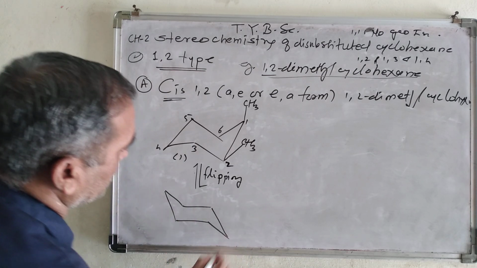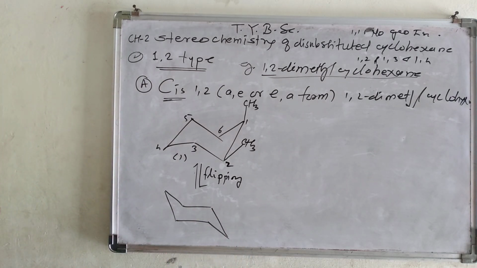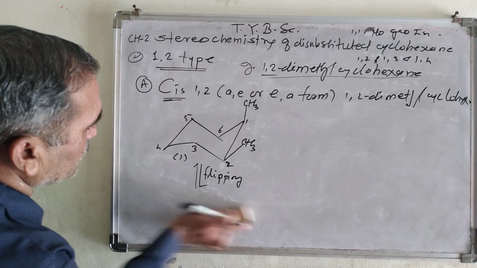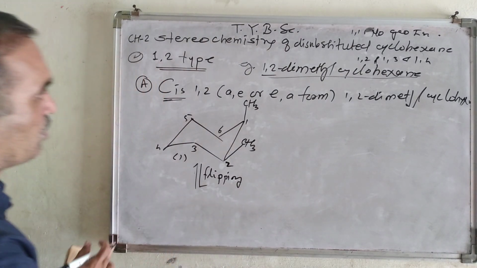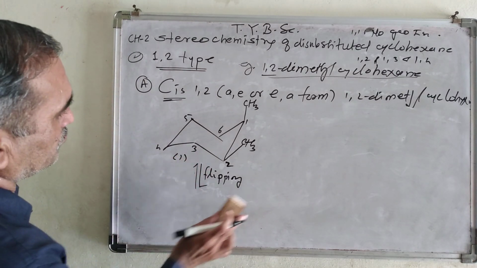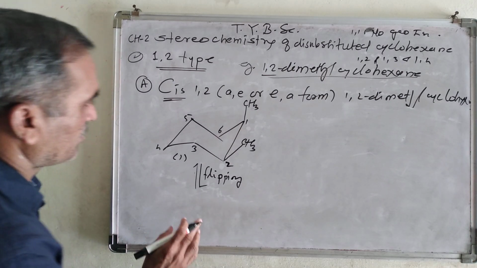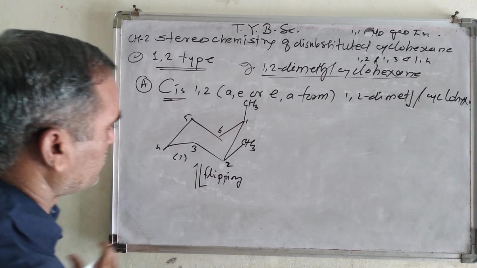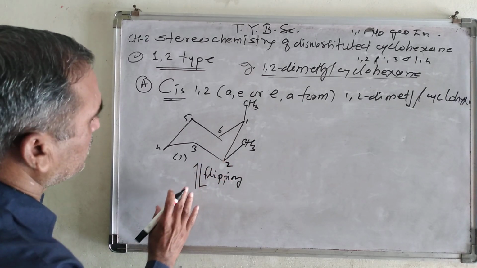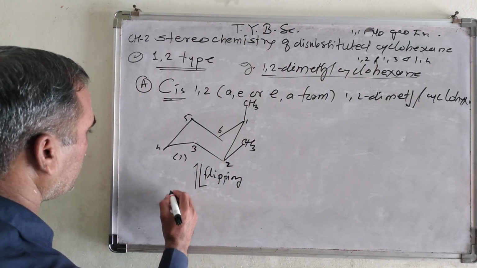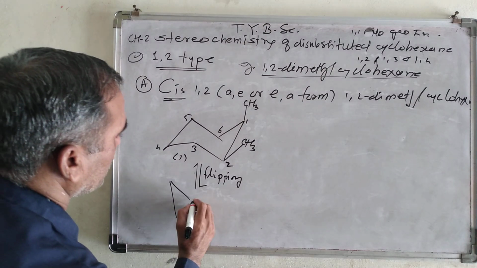It is looking like this, but here the space is short. Let me draw the structure; it is very difficult to draw on such a small blackboard. Still, let me try this one.